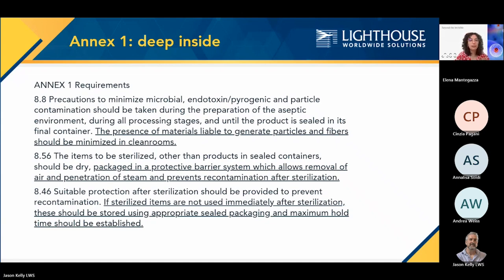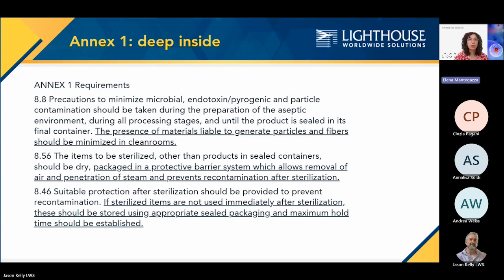Then we have the 8.56 that says that the items to be sterilized should be packaged in a protective barrier system, which allows removal of air and penetration of steam and prevents recontamination after sterilization. So here we can understand the importance of the permeability of the packaging on one side, but also the fact that the packaging should be a barrier, because it should prevent recontamination, in particular if there is a period of storage after the autoclave cycle.